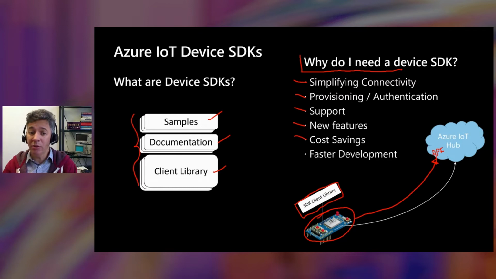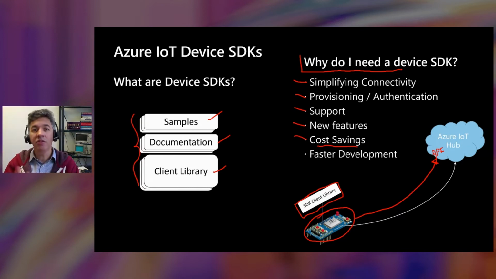There is an important component of cost savings in terms of, first, the bill of materials. When you need less memory and less CPU power to run your devices, that makes them cost less. Also, when you are leveraging one of these SDKs, there are hundreds of engineering hours invested to create them that you won't have to do.